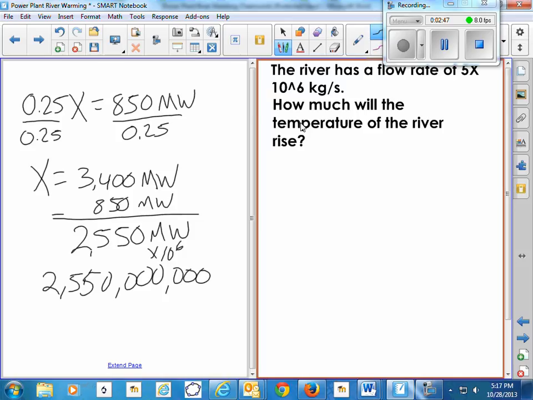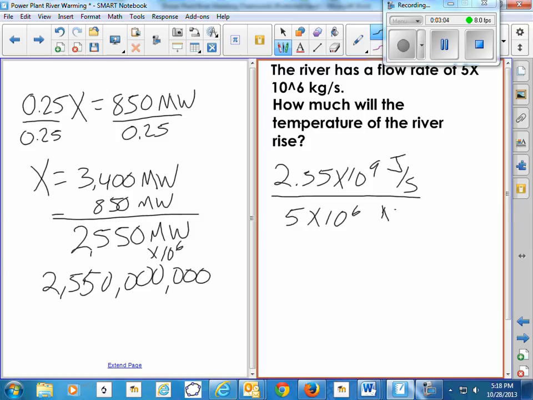So we have 2.55 times 10 to the 9th joules per second. And we have 5 times 10 to the 6th kilograms per second. The per second cancel, so we have joules per kilogram.